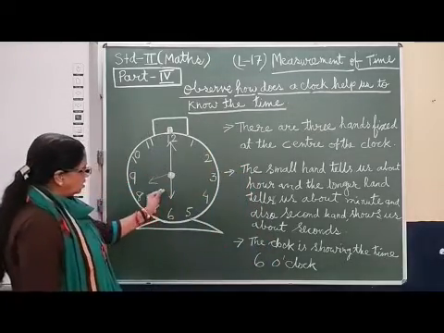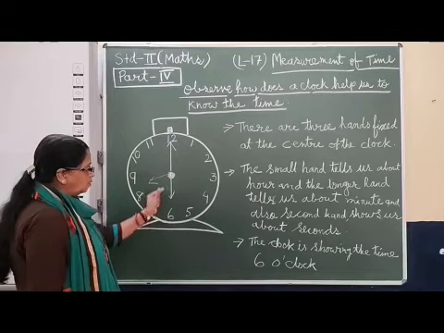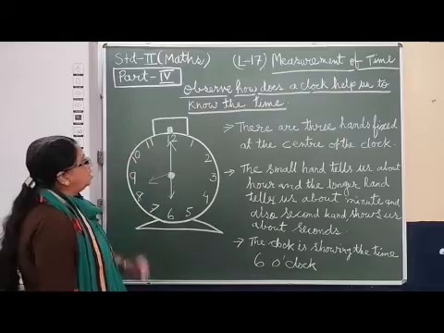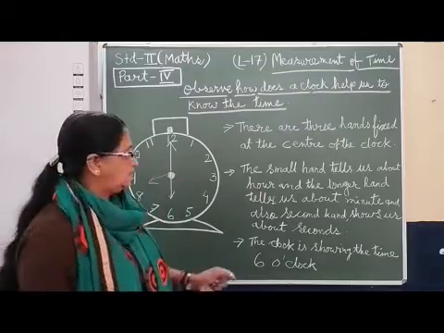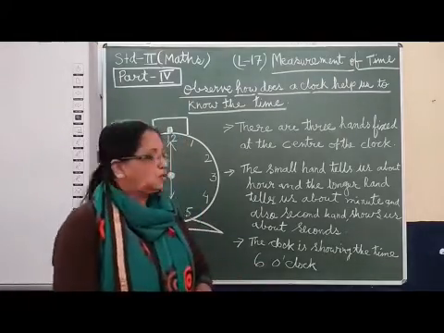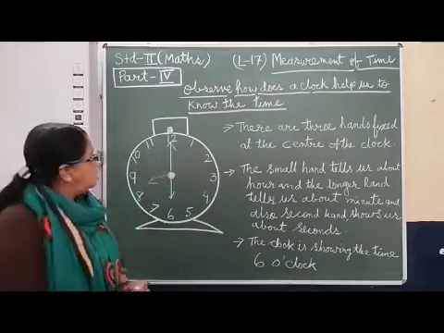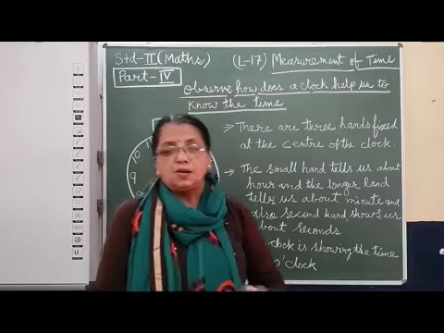Like it is showing 6 o'clock. Why? The small hand is on 6 and the long hand is at 12. So the time is 6 o'clock. Okay. So this is about the clock.